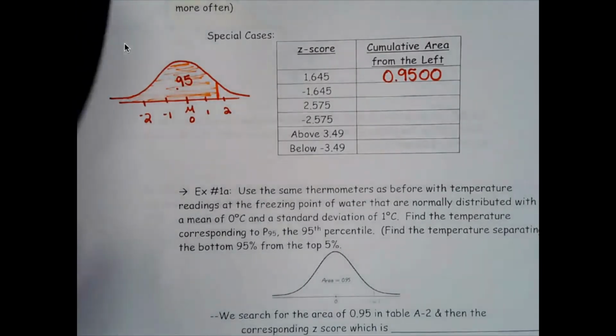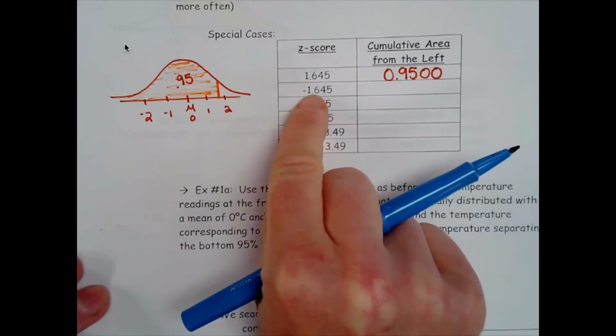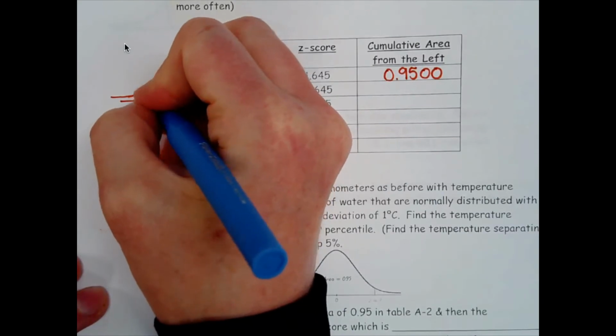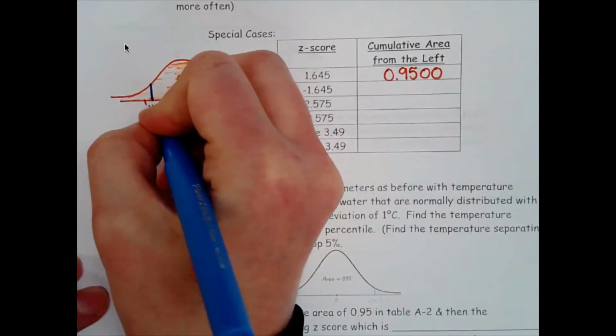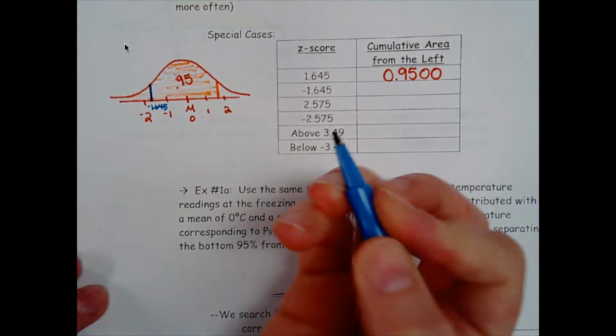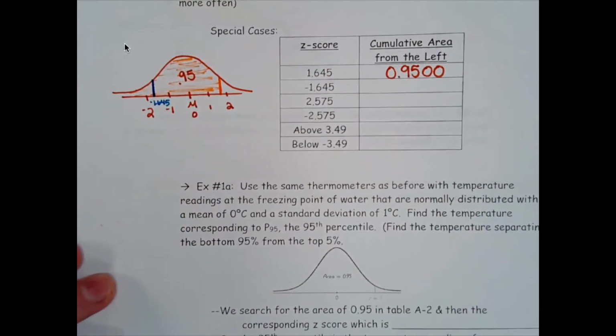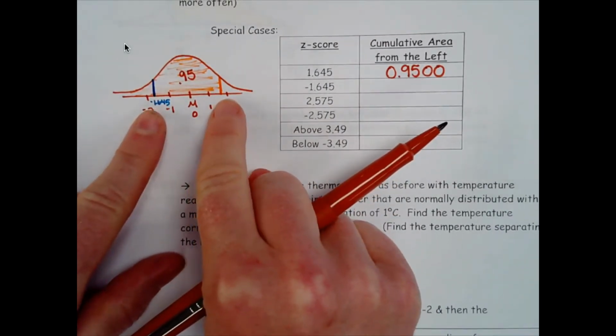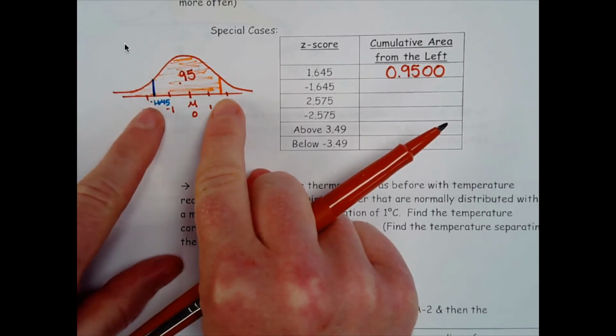Then we also want to know negative 1.645. That would be over here. I didn't write the number there, but this is another special case. See how these are opposites of each other? You have the positive 1.645 and the negative 1.645.